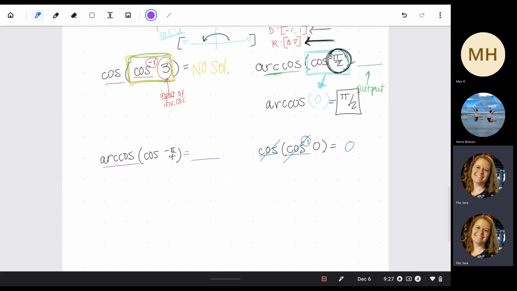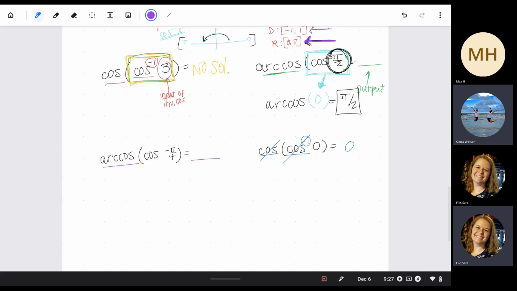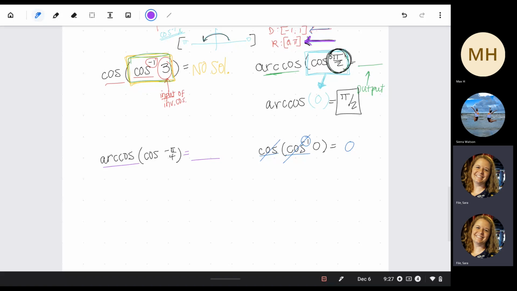Is negative pi fourths in the range for outputs? No, it's not. Not negative. If it was positive pi fourths, yes. And I could just cancel those out and my answer would be pi fourths. But not negative pi fourths.